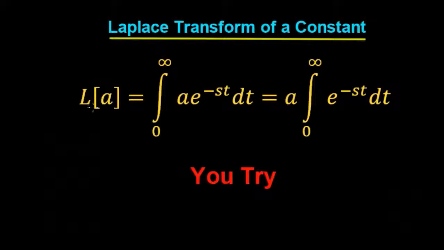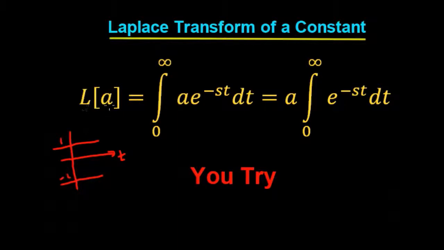Now we're going to look at the Laplace transform of a constant. So the function f of t is just going to be a constant a. For example, if we had a little graph here and we had a t-axis here, then it would just be a constant term, for example 1 or say minus 2.